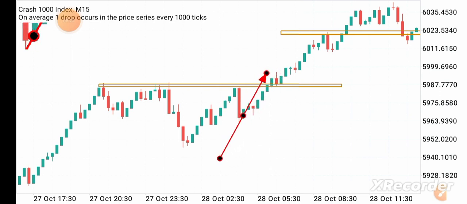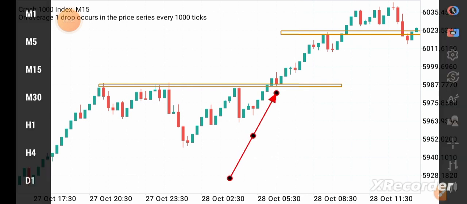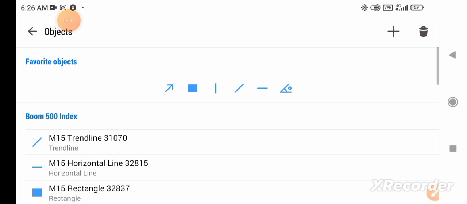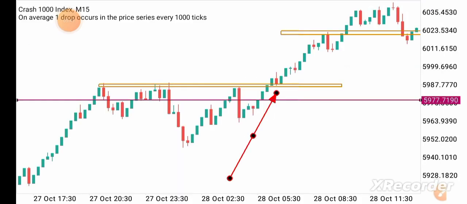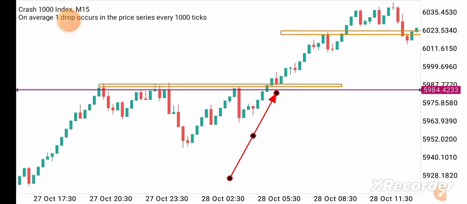But let me tell you one thing, if it happened that this red candle had to come down a little, let's say where I'm putting this horizontal line, I should use a different line to show you what I mean. If this red candlestick got to this level, you see that it has broken through this new support-turned-resistance zone, and it is down here.